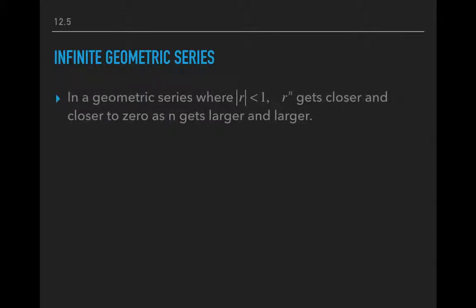Now, if you're working with a geometric series and the absolute value of the rate is less than 1, that means it's going to be like a fraction, like 1/2 or -1/3. When you take that rate and raise it to the position, it's going to keep getting smaller and smaller and smaller because the denominator is getting larger and larger.